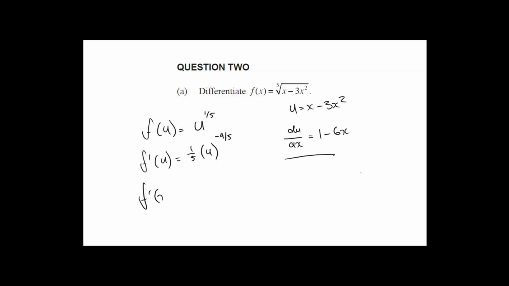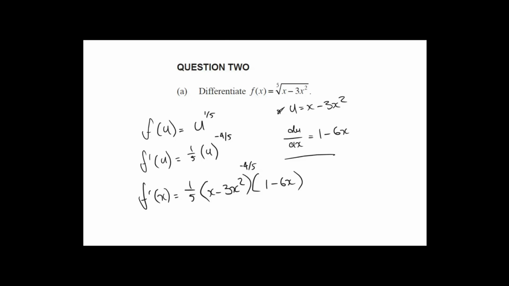So f prime of x is going to be 1/5 of u, but u is just a dummy variable, so u is x minus 3x squared, times 1 minus 6x, and that's got to be to the power of 4 over 5, doesn't it? And that's probably about as simplified as you'd want to get. It just wants you to differentiate. It doesn't want you to make it all pretty.